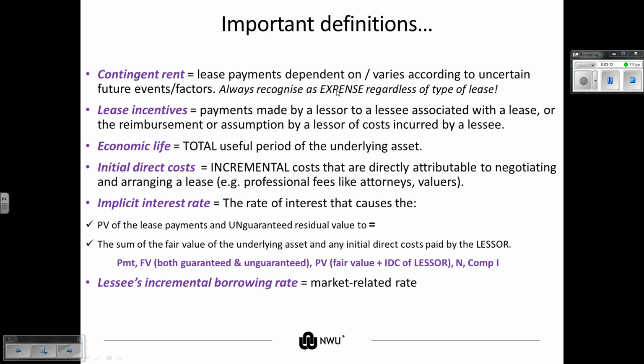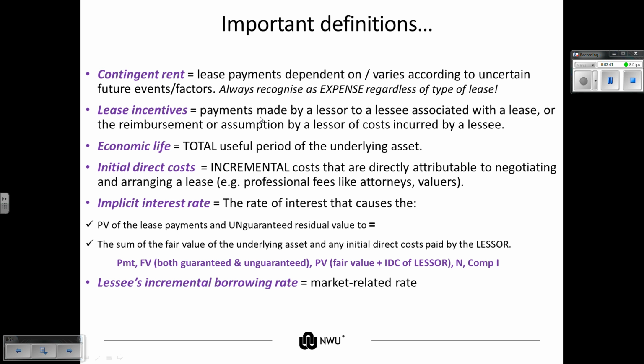If we continue with our definitions in Appendix A, contingent rent will be lease payments depending on or varying according to uncertain future events or factors. And this is always recognized as an expense regardless of the type of lease. Lease incentives are the payments made by the lessor to the lessee associated with the lease.